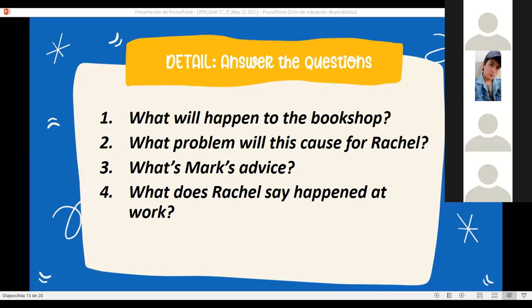It's going to be a florist. So they sold it and it's going to be a florist. Yes, that's right. So that would be the answer for the first one. Let me write it over here. They sold it and it's going to be a florist.